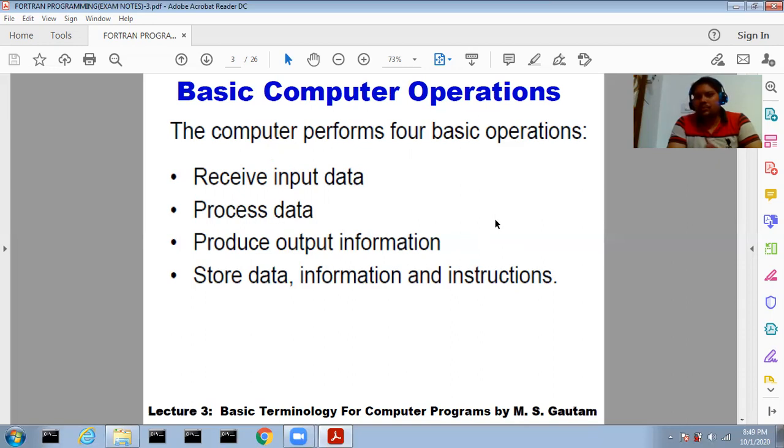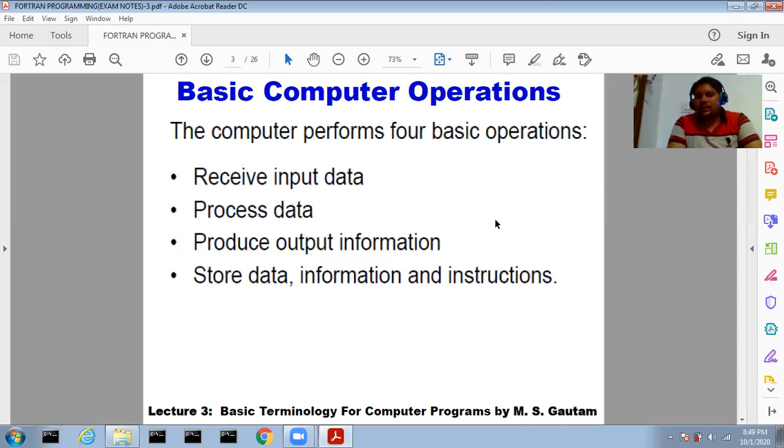So in all works performed by the computer, these are the four basic operations. The computer receives input data, and then the computer processes that input data, and processing is done depending upon the sequence of instructions given by its user.